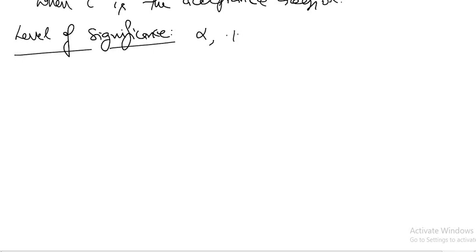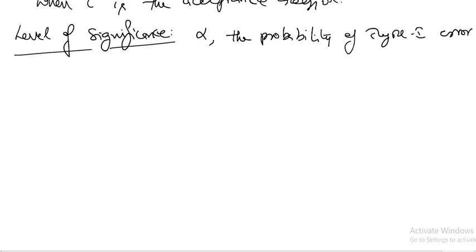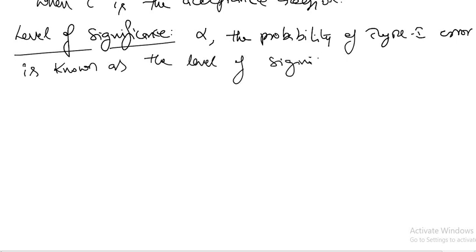Definition: the probability of type 1 error is known as the level of significance of the test.